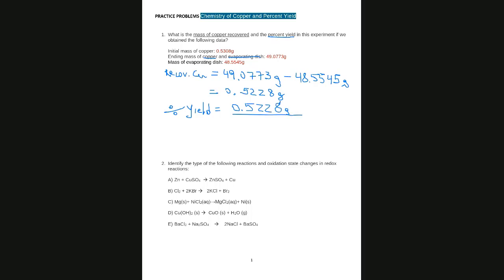And what goes in the denominator? The initial mass of copper, which is what I started with, 0.5308 grams times 100. And I obtained a better yield, which is 98.49%. Any questions on this?